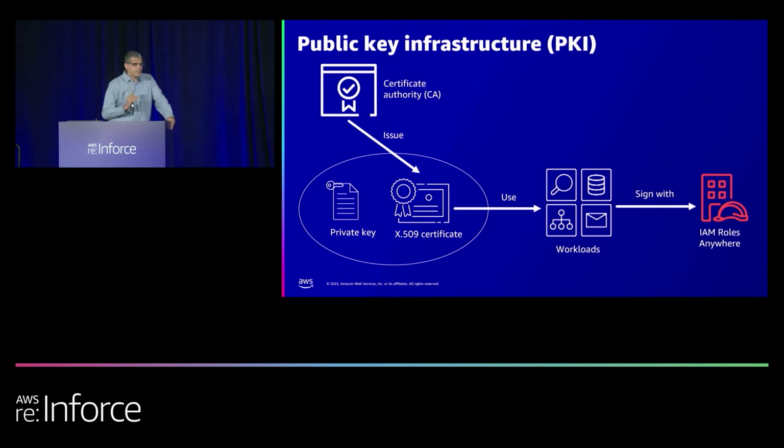The CA signs a certificate by hashing the content of the certificate and including the public key in the certificate. And when a client application, such as a web server, would like to affirm the identity, it uses the public key in order to validate the signing of this certificate.